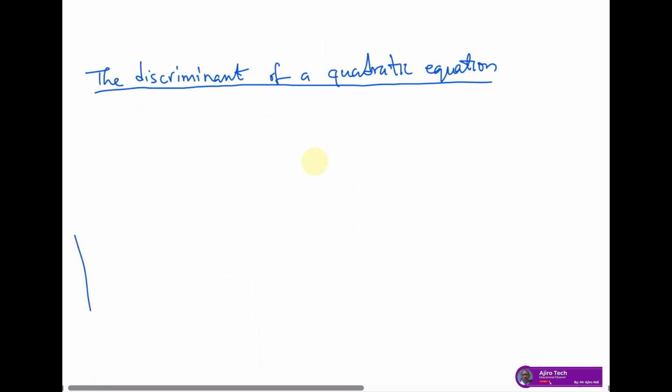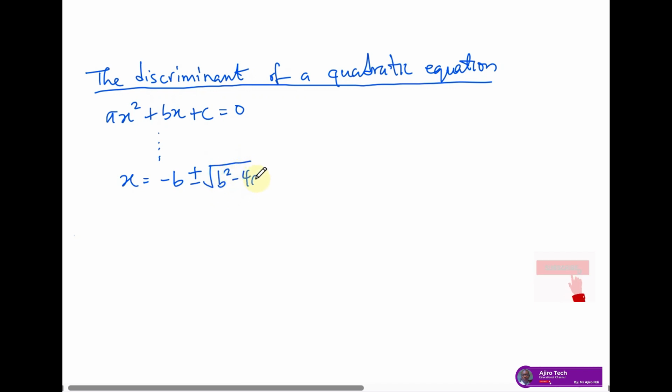Discriminants of a quadratic equation. Now, in a quadratic equation, if you have something like ax squared plus bx plus c equal to 0, and then we solve, and then we get x equal to the quadratic formula: minus b plus or minus square root of b squared minus 4ac all over 2a.